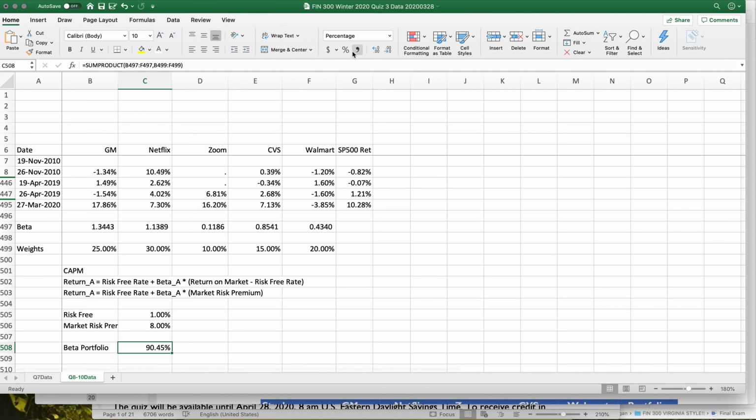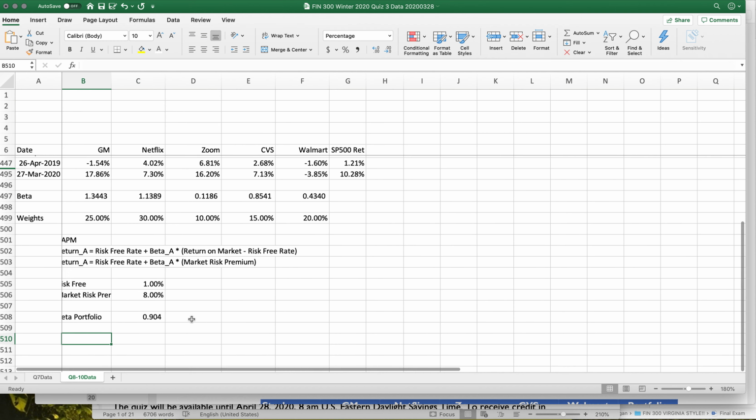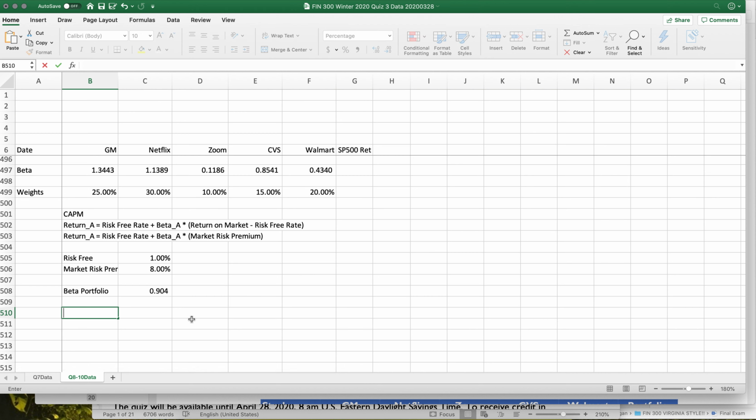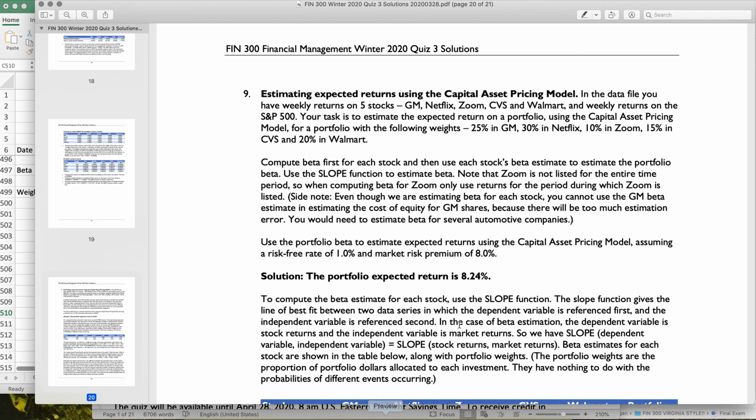That should be that kind of number. I'll drop down a little bit and calculate the expected return. Using just the CAPM formula, the risk-free plus the beta times the market risk premium, the answer is 8.24%, and that's exactly what we have in the solutions.